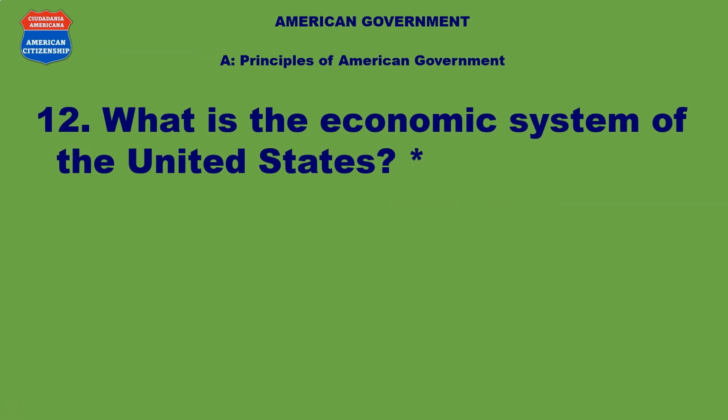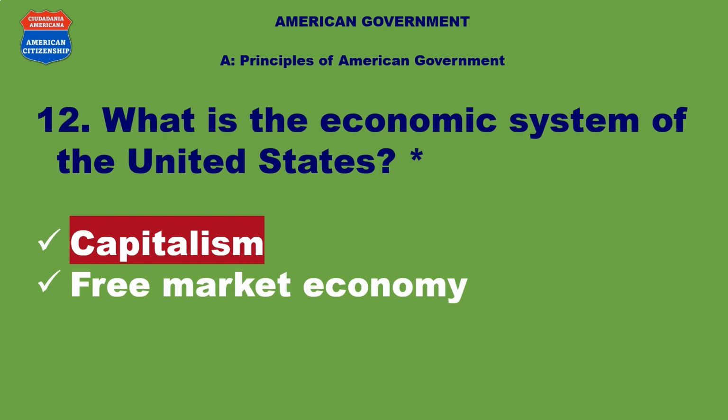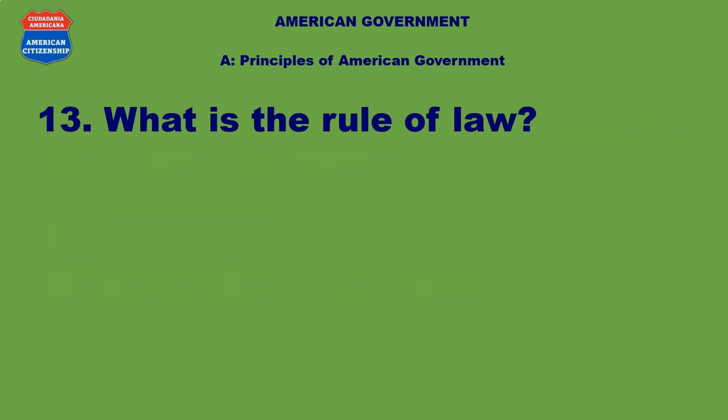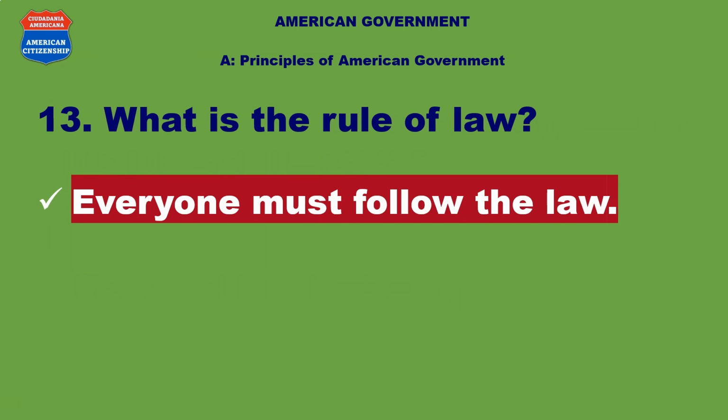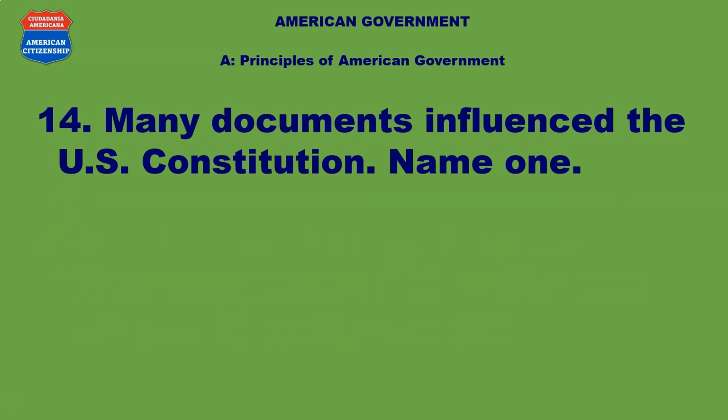What is the economic system of the United States? Capitalism. What is the rule of law? Everyone must follow the law. Many documents influence the U.S. Constitution. Name one.